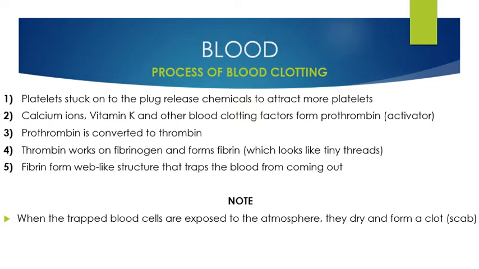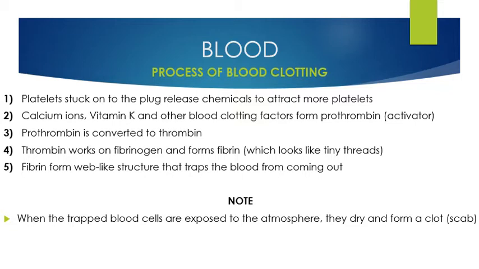when these trapped blood cells are exposed to the atmosphere, they start to dry. I'm sure if you hurt yourself, then let's say a drop of blood drops onto the table, after some time you'll see that the blood will dry. And so that's the same thing.